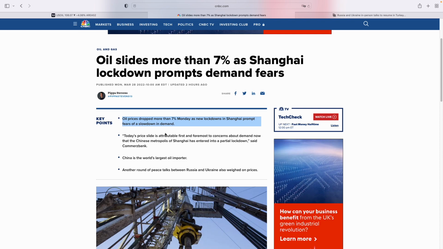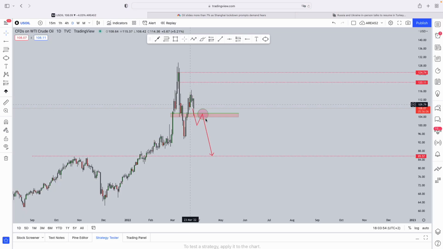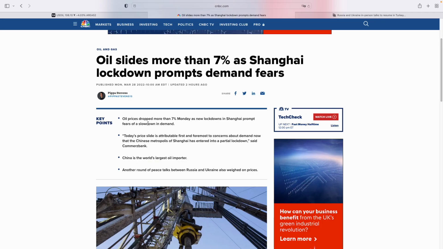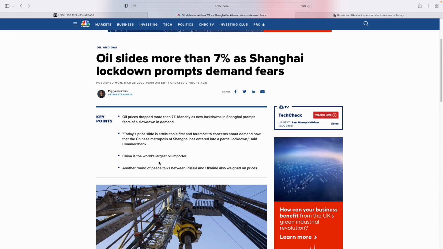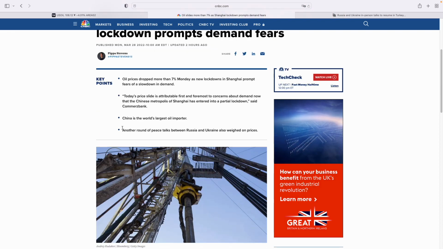The key points read that oil prices dropped more than 7% on Monday, which is obviously what we kind of saw over here. It also says today's price slide is attributed first and foremost to the concern about demand. The Chinese metropolis of Shanghai has entered into a partial lockdown, said Commerzbank. China is the world's largest oil importer.